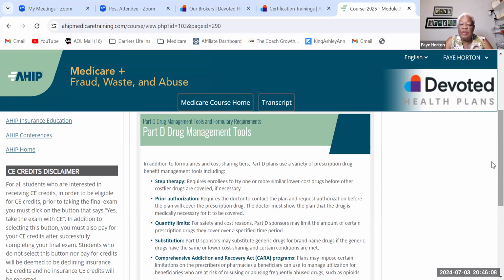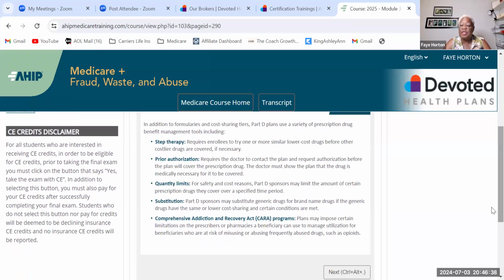Quantity limits. For safety and cost reasons, Part D sponsors may limit the amount of certain prescription drugs they cover over a specified time period. Substitution. Part D sponsors may substitute generic drugs for brand name drugs if the generic drugs have the same or lower cost sharing and certain conditions are met.